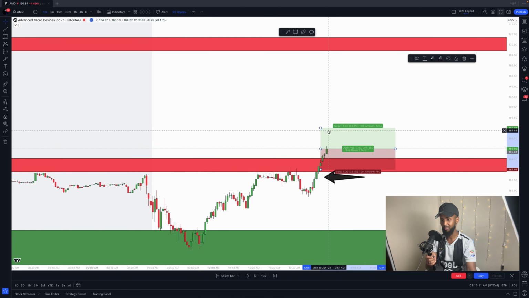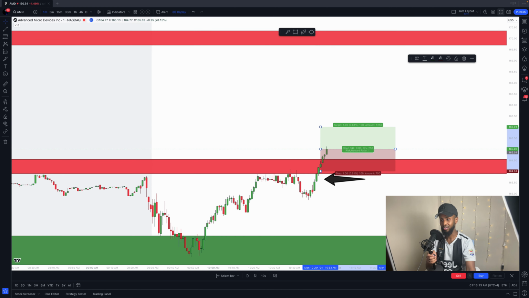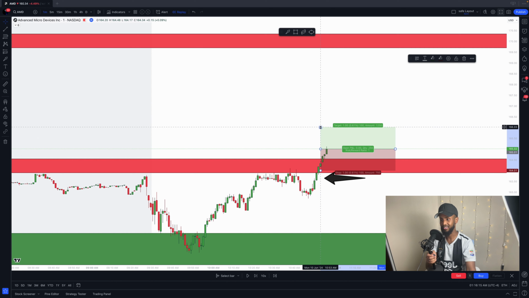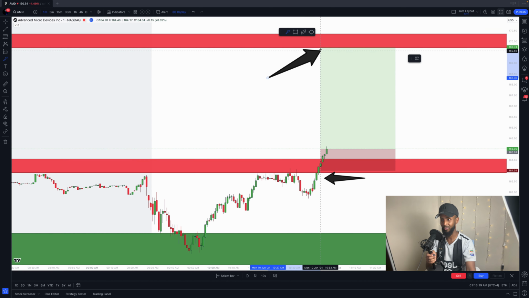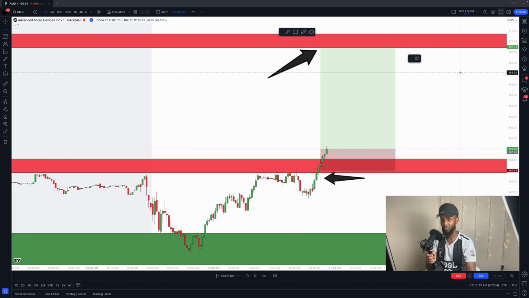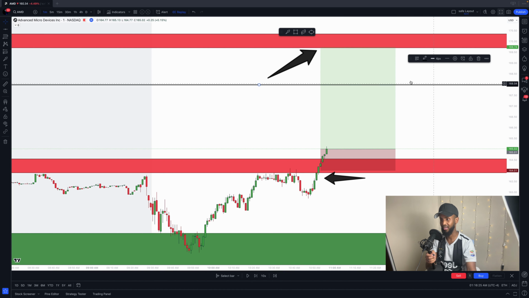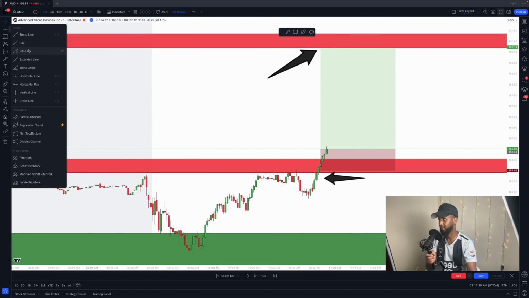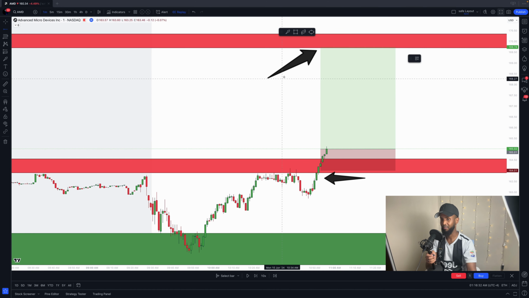So I take a long position right here, and my targets are the next supply level all the way up here. So this is my main target right here, but I might take some partials on the way up. So one of them might be right here at 168. Let me change it. Let me make it this horizontal line. So one of them might be right here at 168-ish, right there.